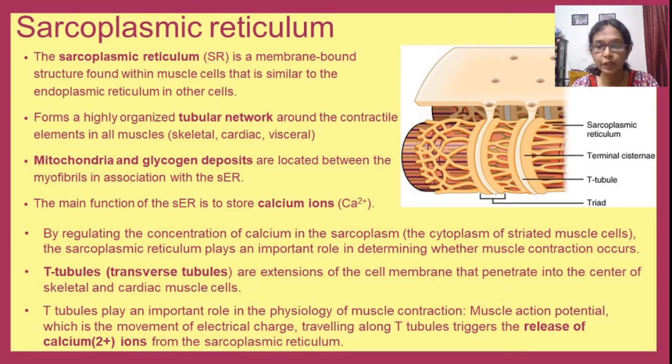And in between the sarcoplasmic reticulum, we can see some transverse tubules. These are also called T tubules. Actually, T tubules trigger the release of calcium ion which is stored in the sarcoplasmic reticulum, and at the time of contraction, the T tubule or transverse tubule triggers the release of calcium ion to the muscle from the sarcoplasmic reticulum.